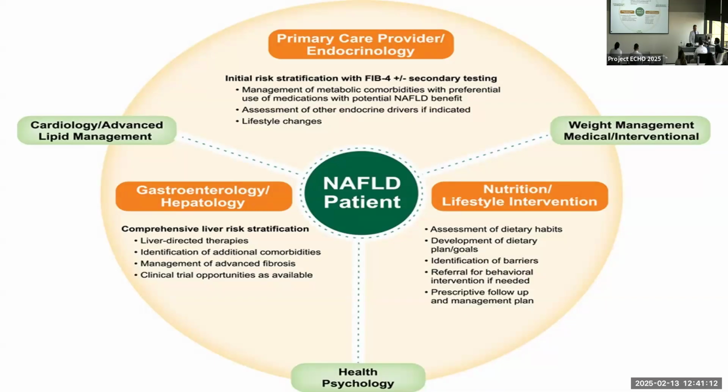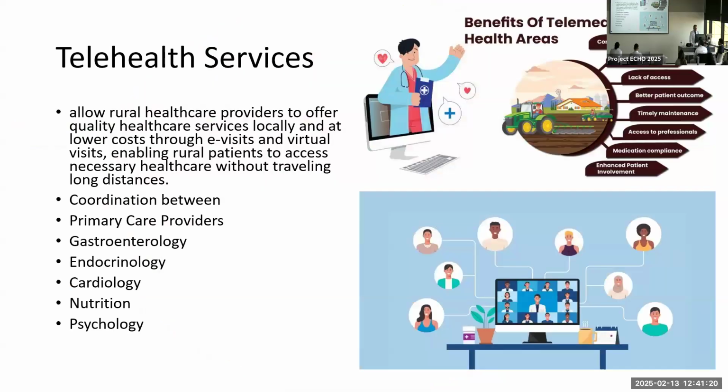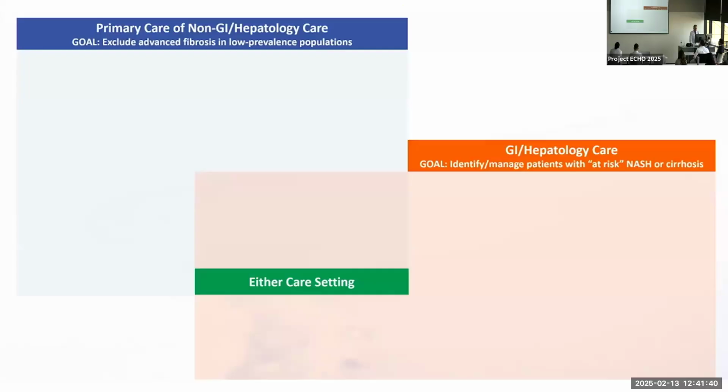Cardiology, weight management, psychology, and nutrition should be included. And here I have to emphasize that telehealth services to increase that coordination may be helpful, especially between primary care and GI, and maybe endocrinology and cardiology may also be implemented there. It will be very helpful, I think.